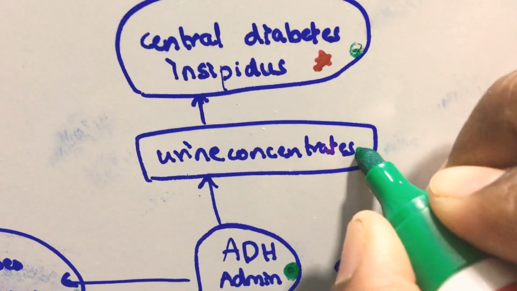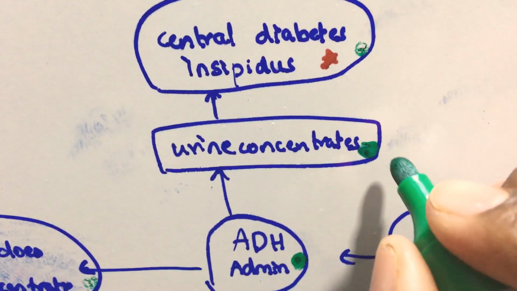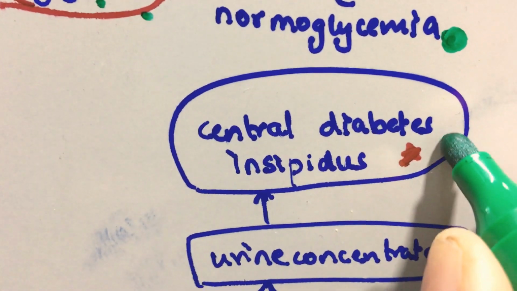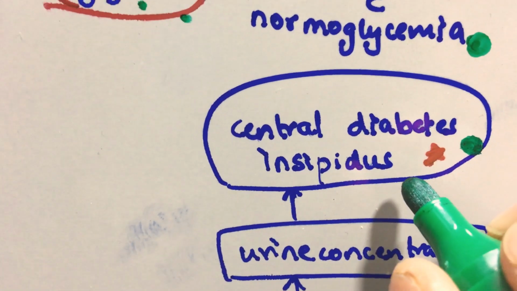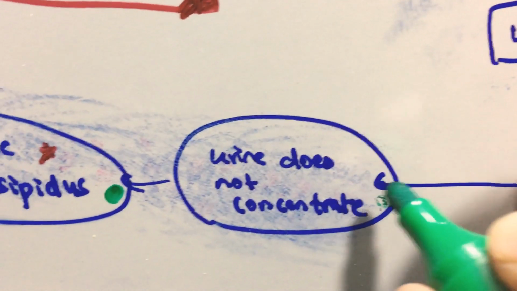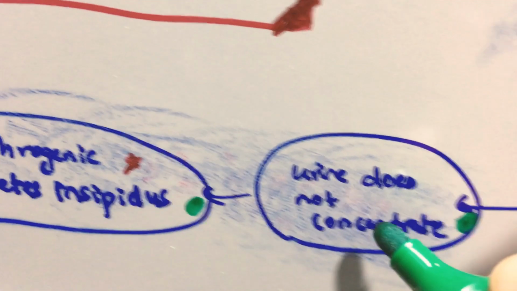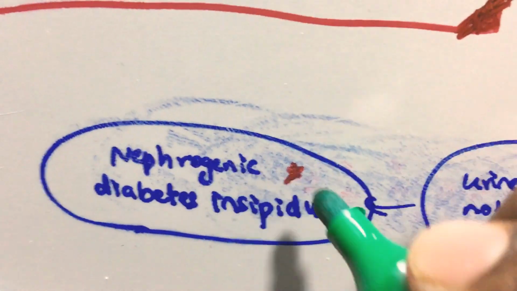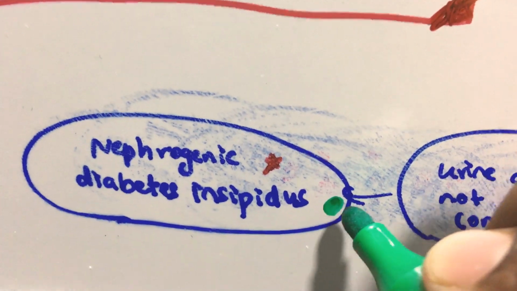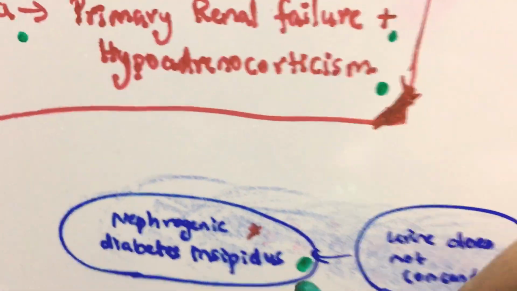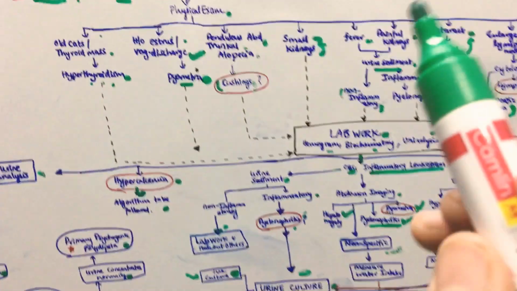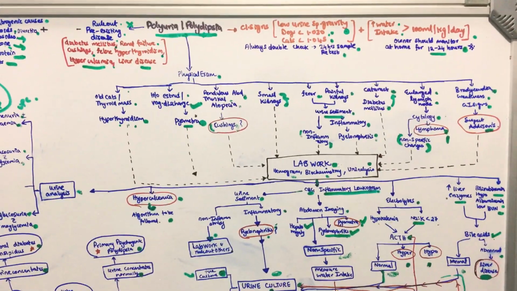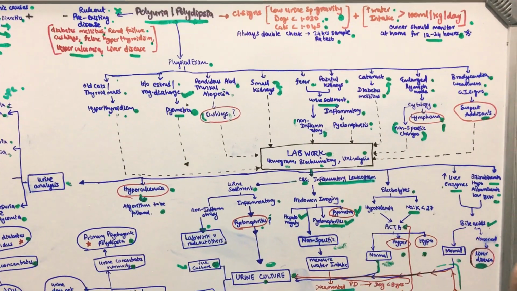If the urine is concentrating, then you have the diagnosis as central diabetes insipidus. If the urine still does not concentrate, then it indicates that our patient has nephrogenic diabetes insipidus. So this is how you need to approach the cases of polyuria polydipsia.